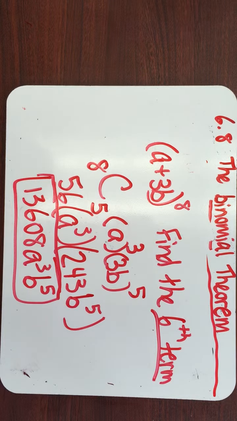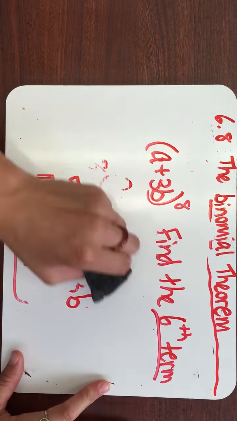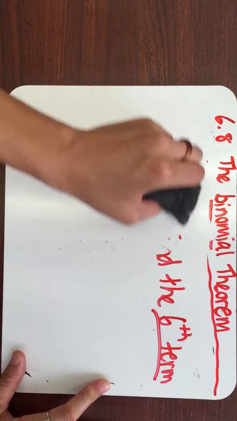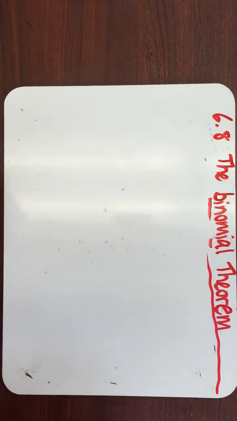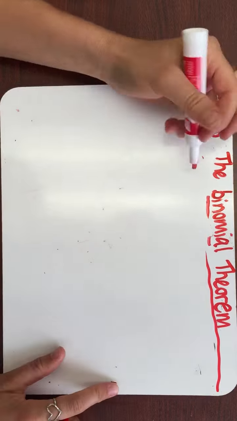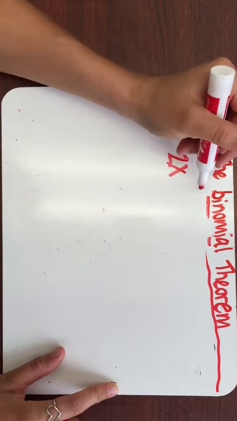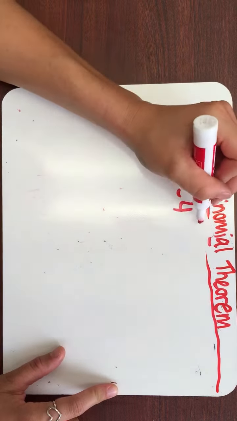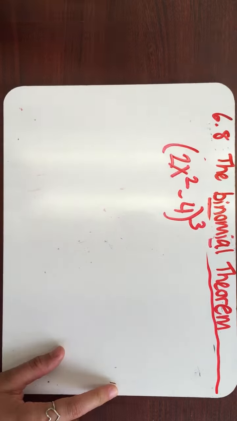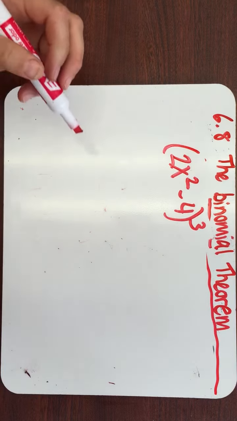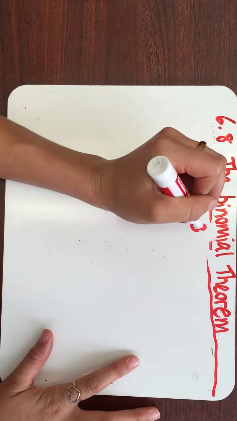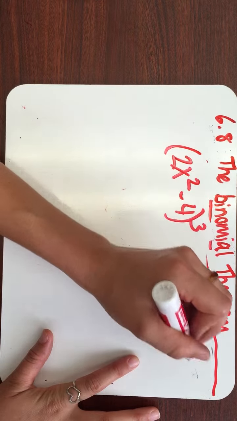Okay, let's do one more where we're going to expand it, and now it's not going to just have a and b in it. So let's say we have 2x squared minus 4 all cubed. So we know that we're going to be using the line in Pascal's triangle that has the 3 as the second number.